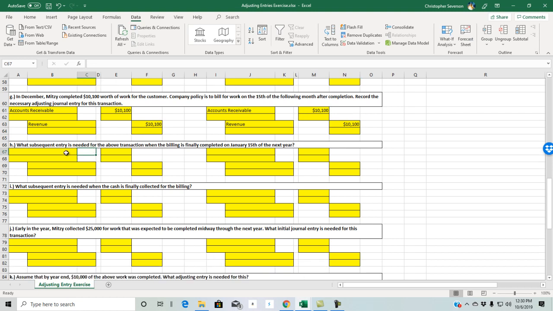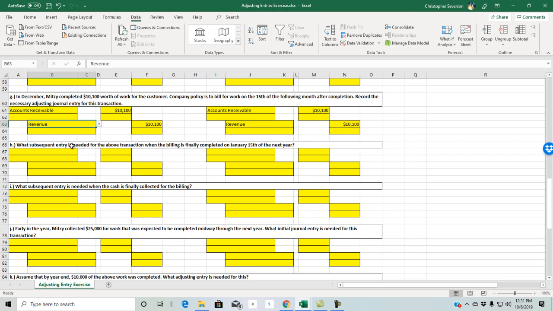Now, the subsequent entry, the cash, when the transaction is finally completed on January 15th of the next year, the thing with this is that we've already set up the billing, essentially. This is the entry that we would record if we had billed it. So H is kind of a trick question.